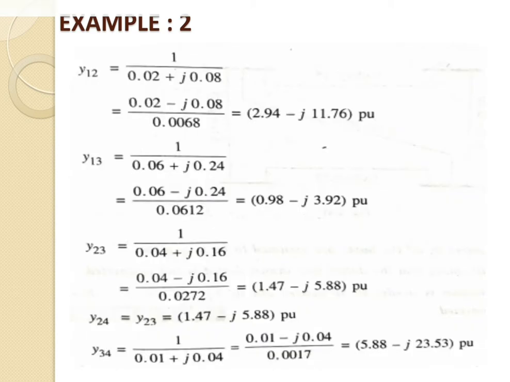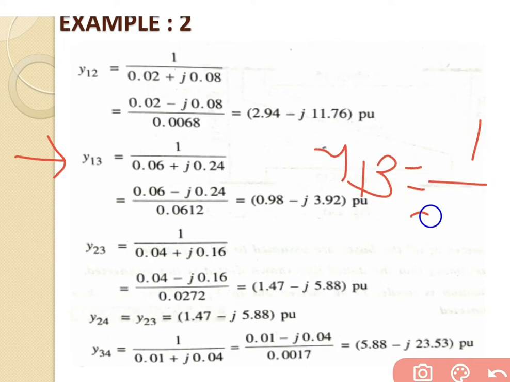Now for the calculation of Y13: Y13 = 1/Z13, and the value of Z13 is 0.06 + j0.24. To remove the j term from the denominator, multiply by 0.06 - j0.24 in the numerator as well as the denominator. We will get the answer 0.98 - j3.92 per unit.